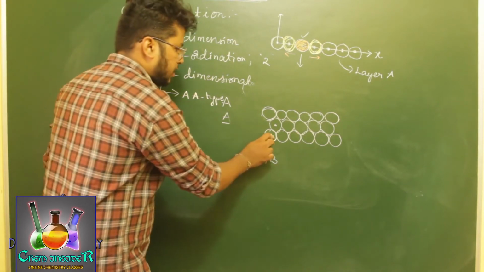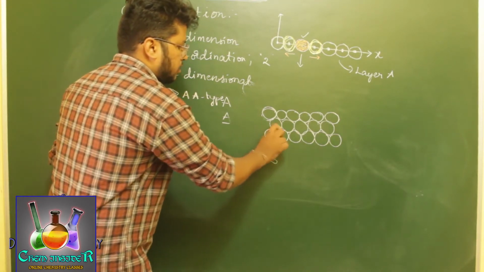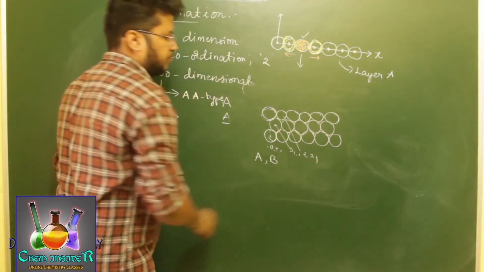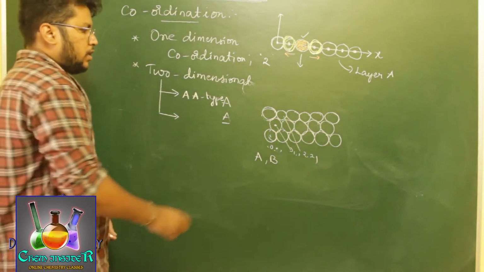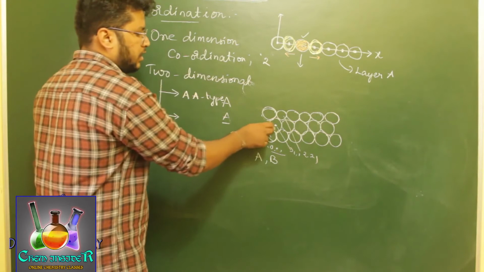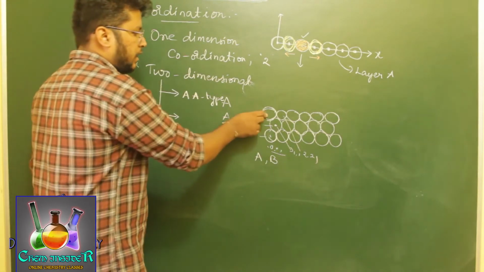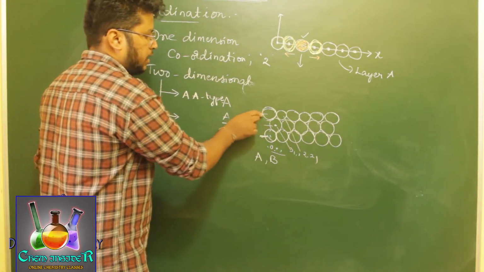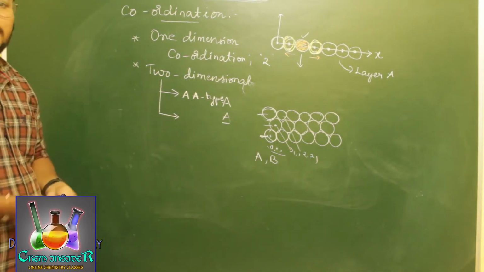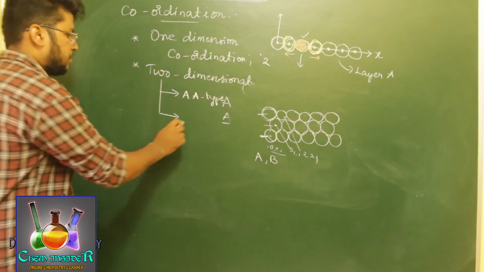So if we say this is 0, 0, this will be 1, 1 and this will be 2, 2, like that. Here there is no constant value of x over the first and the second layer, but the third layer will have similar layering when compared to the first layer. Therefore this type is called AB type of arrangement.